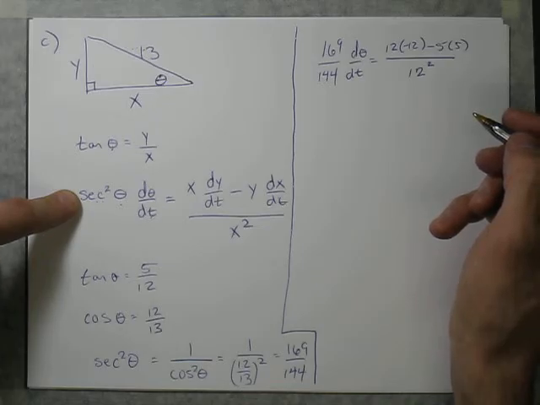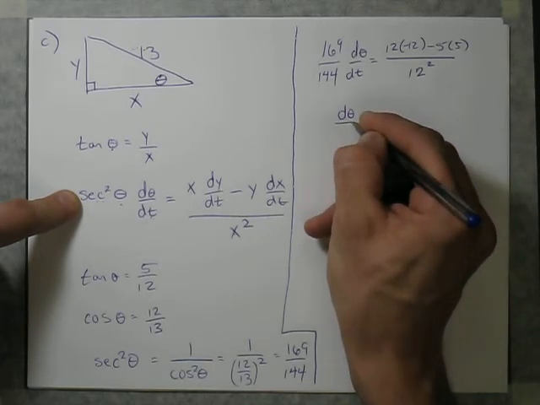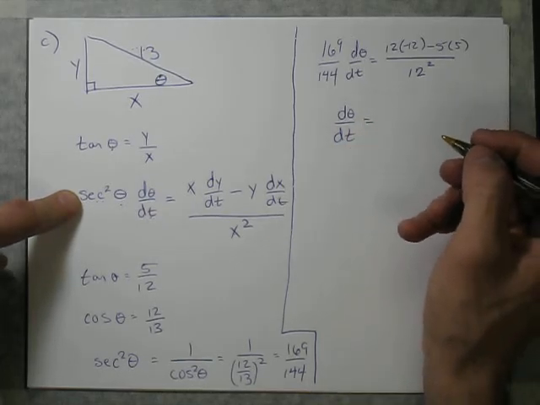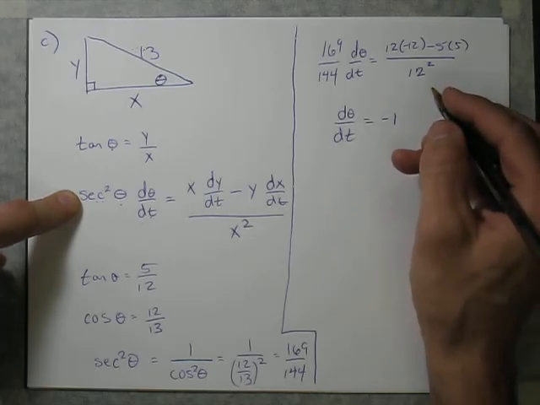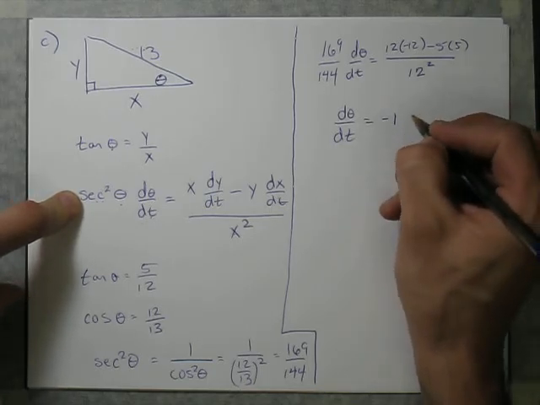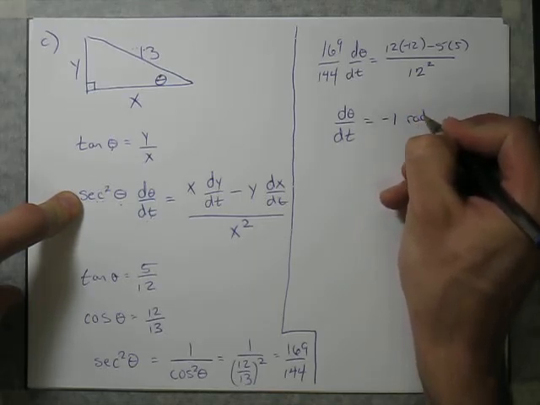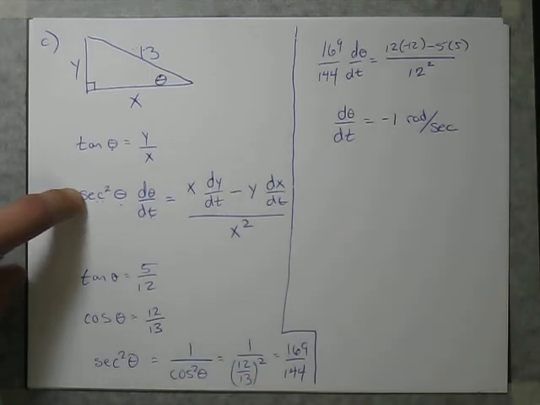And so what I end up with, after you do all the math, is d theta dt coming out to be negative 1, and this is in terms of radians per second. After you do the math on that.